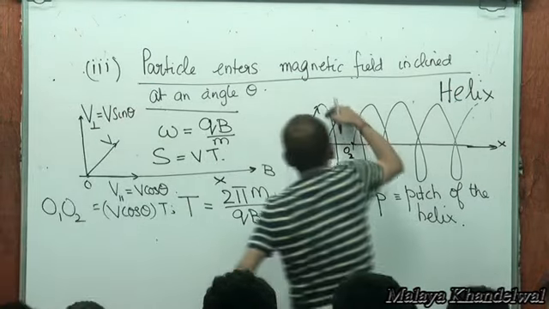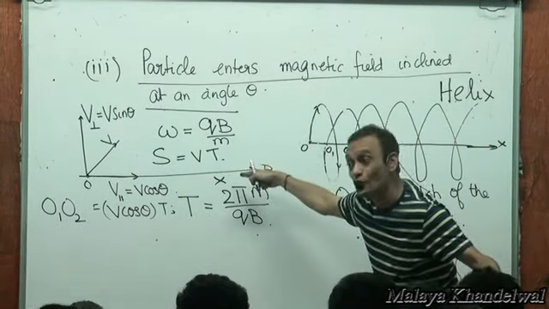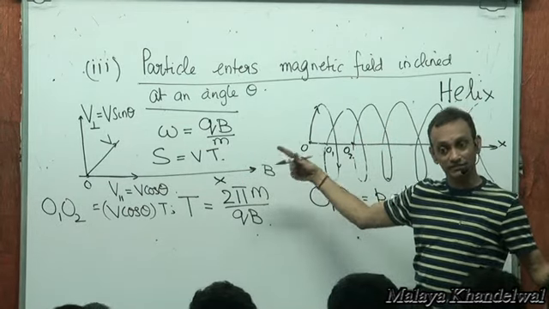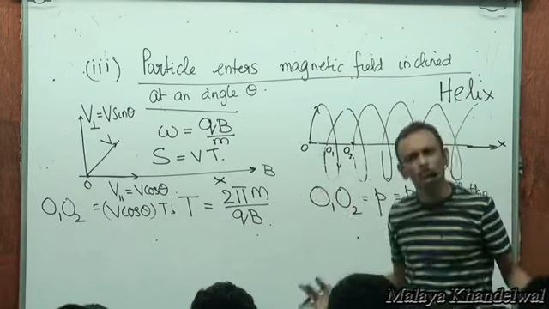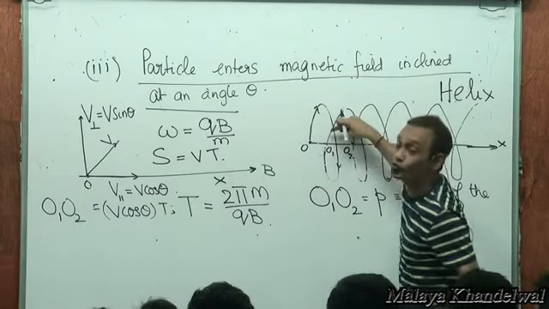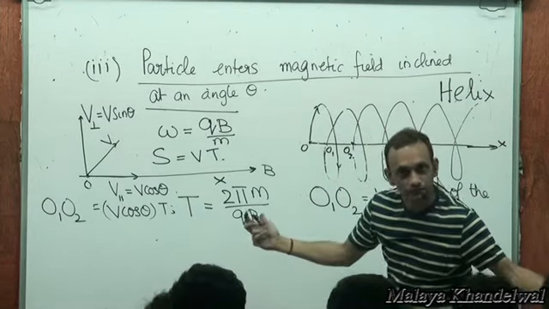So that means the length of this portion for a full 360 degrees rotation is going to be V into T. Yes or no? Constant speed. So the total distance would be speed into time. Right? So that will be the length of this helix from O to O1 or from O1 to O2 and so on and so forth.